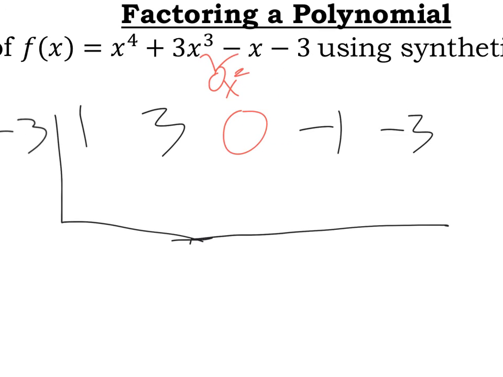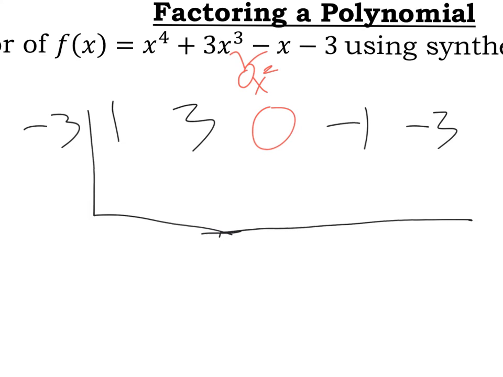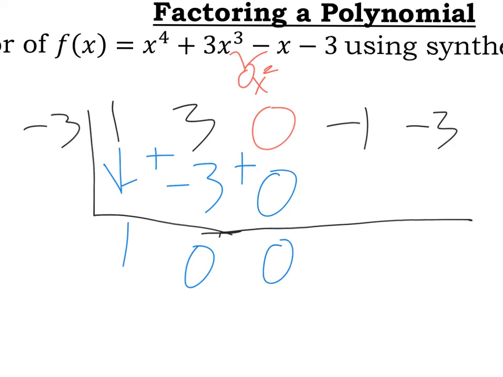All right? So I'm going to bring down the 1. And so I have 1, and then you multiply it times negative 3. That's going to be negative 3. Let's add those together. That's 0. So now do 0 times negative 3. That's 0. What's 0 plus 0? 0. What is 0 times negative 3? 0 again.